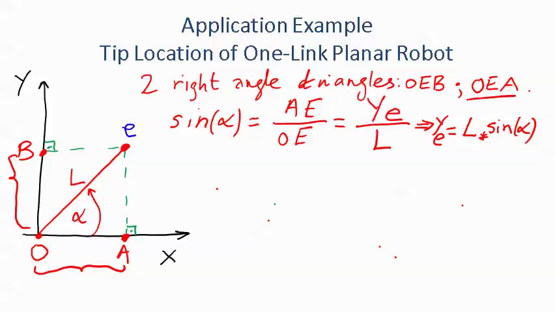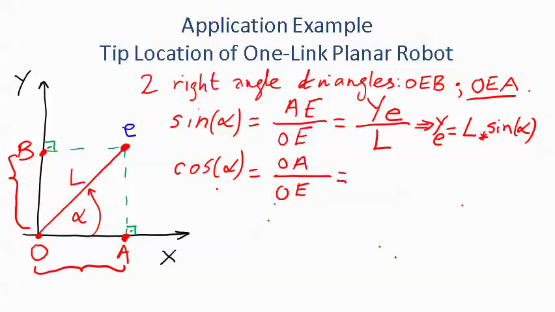How do we find the x coordinate or the distance away? Let us take the cosine of angle alpha. The cosine of the angle will be the near perpendicular, which is OA, divided by the hypotenuse, OE.